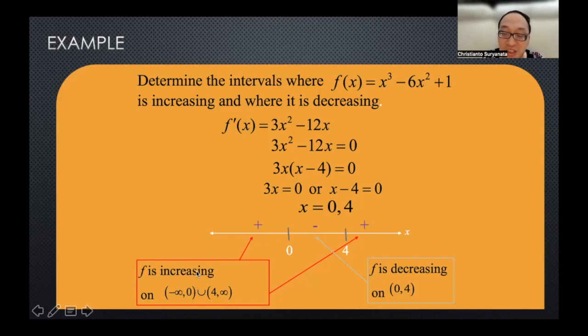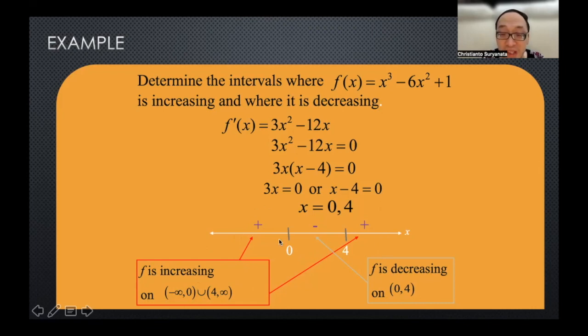So x smaller than 0 is increasing, as well as when x greater than 4. And when the gradient is negative, so when the value of x is between 0 and 4, the f is decreasing.